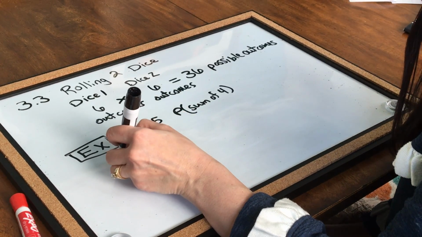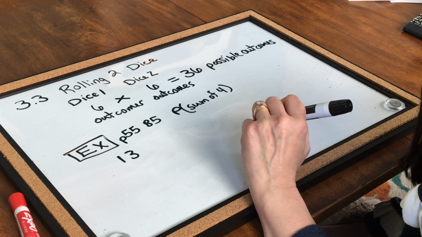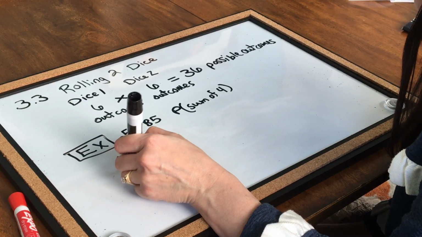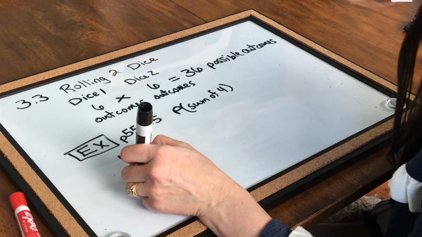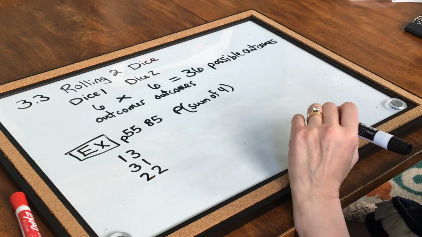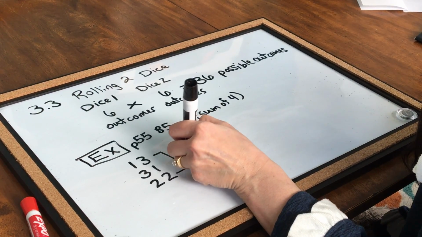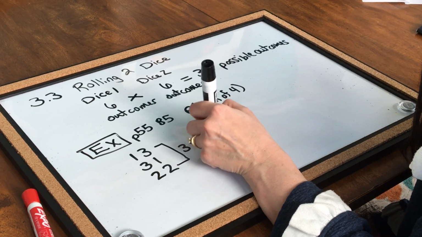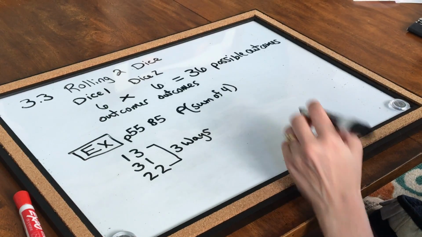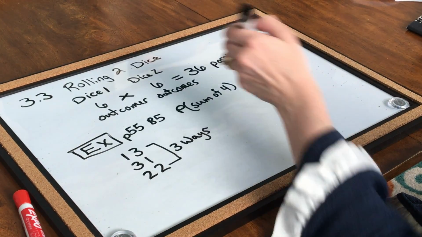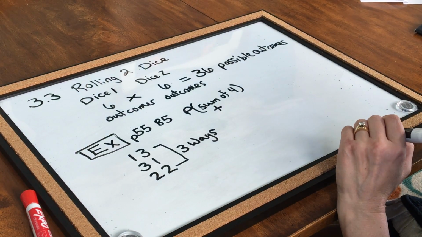Well, we can have our first dice be a 1 and our second dice be a 3. We could have our first dice be a 3 and our second dice be a 1, or it's possible to roll doubles and get a 2 and a 2. So that means that there are 3 ways, or 3 favorable outcomes, that will get us a sum of 4. Remember, sum means addition. So we're adding these 2 dice rolls together to get a 4.